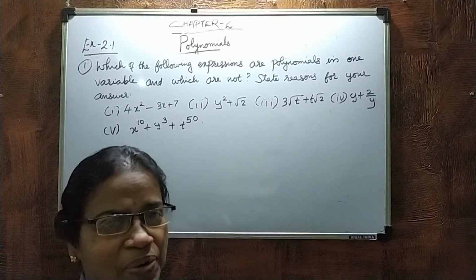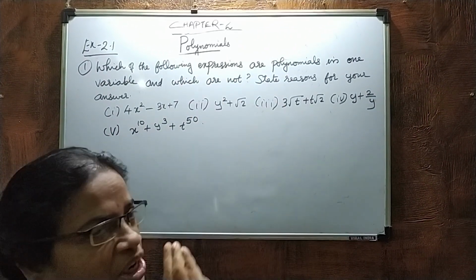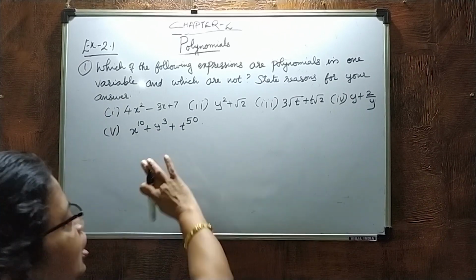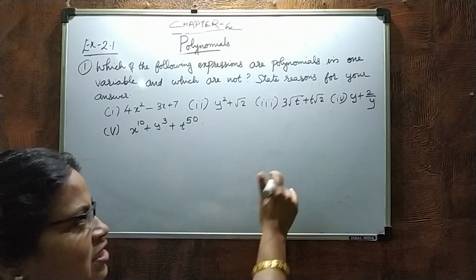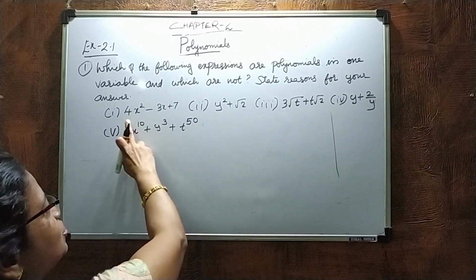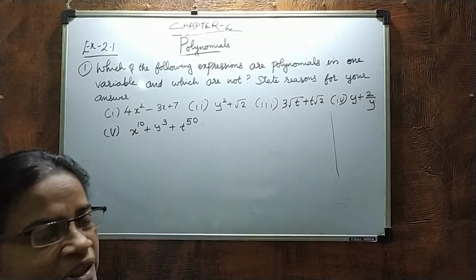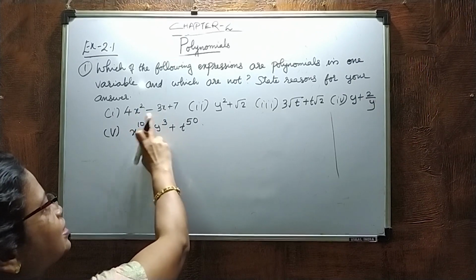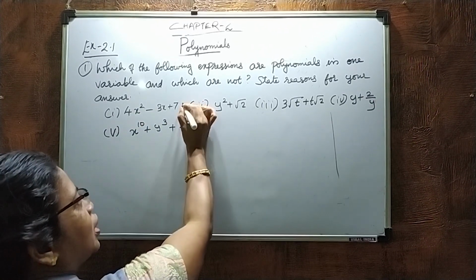So first thing you have to remember is whether they are in one variable or not. Take each one, understand the question, find out the answer, and write it in your working. Okay, just look, the first is a polynomial and it has only one variable, x, here x raised to 0. So it is a polynomial, right?